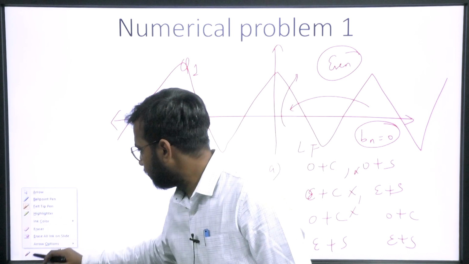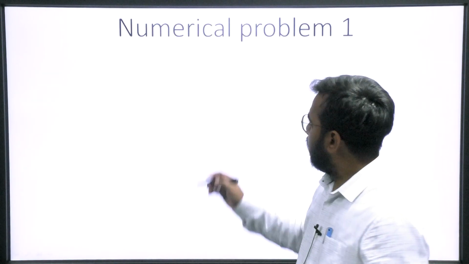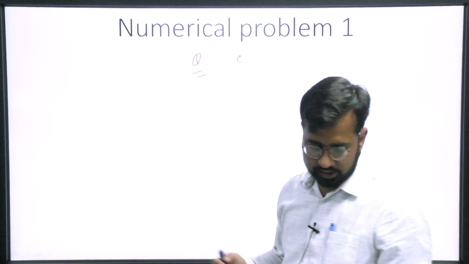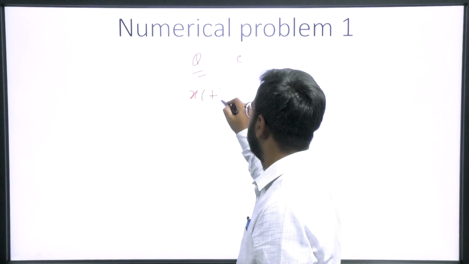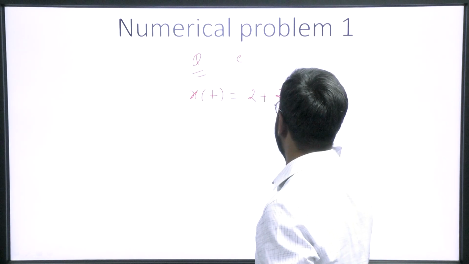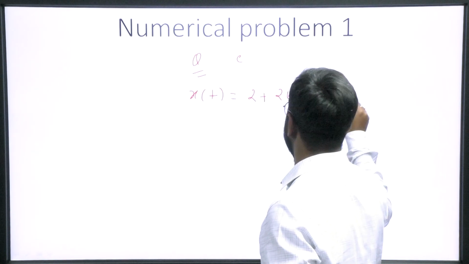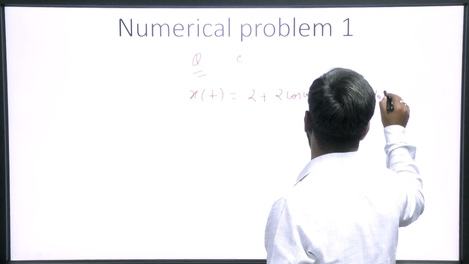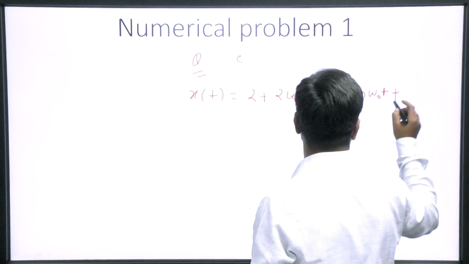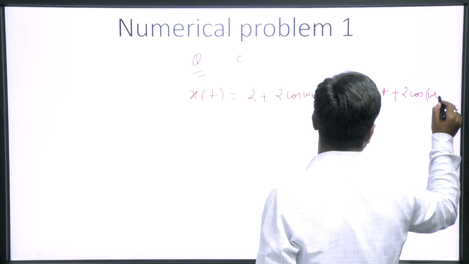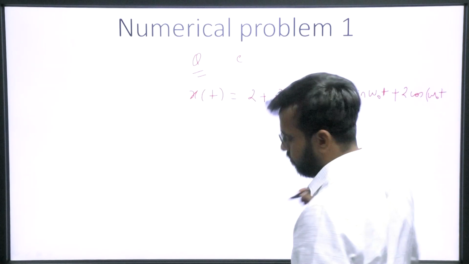Again, the next problem. Now take one question from the exponential form. Suppose a function is given as x(t) is equal to 2 plus 2 cos omega naught t plus sin omega naught t plus 2 cos of omega naught t plus pi by 4.